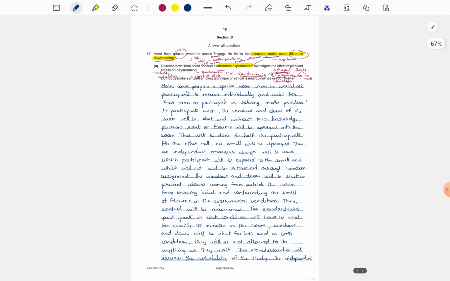Another question that comes a lot for 10 markers to me is, do we have to write in first person, third person? See, there are no rules given. So there are lots of students who answer in terms of my study, my plan, my participants. First person they write in. That's absolutely fine. Why I don't like to write in first person and why I tell my students also to write in third person is because if you intend to take psychology in the future, you always write reports in third person.